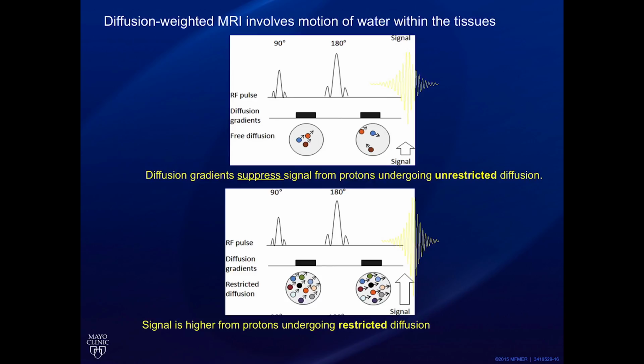So these little protons, if they move around, they're going to be suppressed. And so you're going to see dark signal. But if they're not suppressed, if they're restricted, so in some disease, in any disease, in tumors, in inflammation, in anything, if they're restricted, then they're not going to be suppressed, and they're going to light up. So that's the key thing.